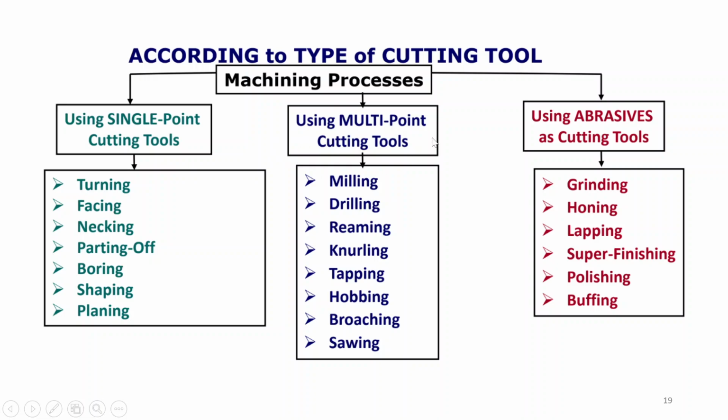In case of multi-point, you have milling, drilling, reaming, knurling and tapping, hobbing, broaching and sawing. In case of abrasives as cutting tools, you have grinding, honing, lapping, super finishing, polishing and buffing.